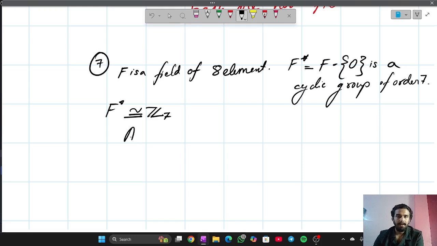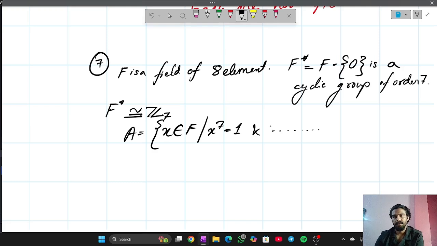Now, A is equal to all those x belonging to F such that x to the power 7 equals 1, and the rest, you know that x to the power k is not equal to 1 for all those k less than 7.